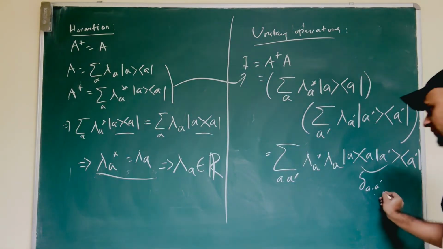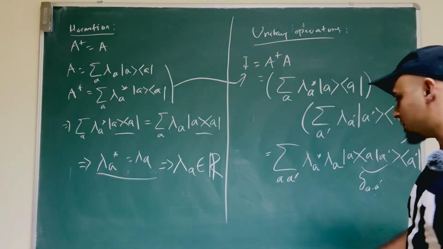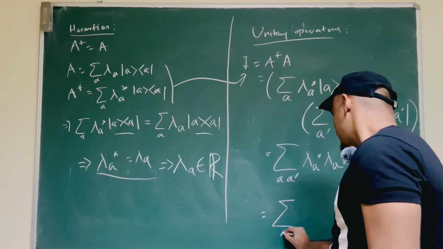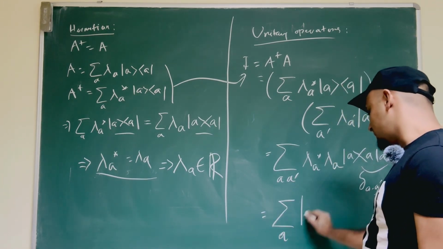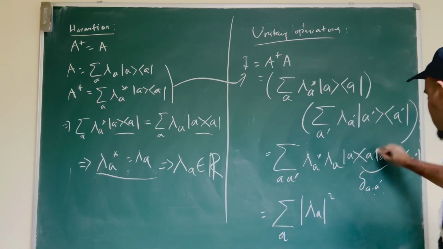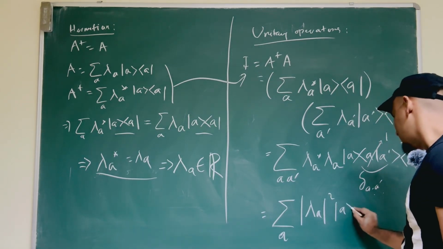So this only selects the values of the summation for which a is equal to a prime. So we can just write it as summation a. Let's say that a prime is equal to a, then what will this become? This will become lambda a mod square, and this will become just 1, and then a.